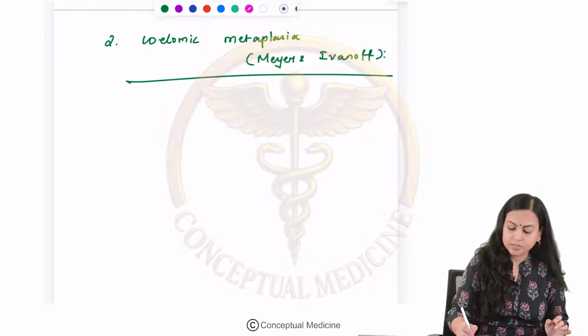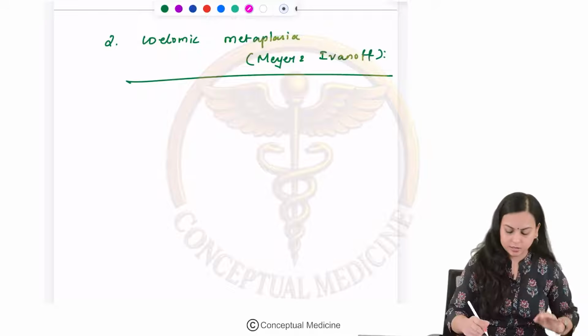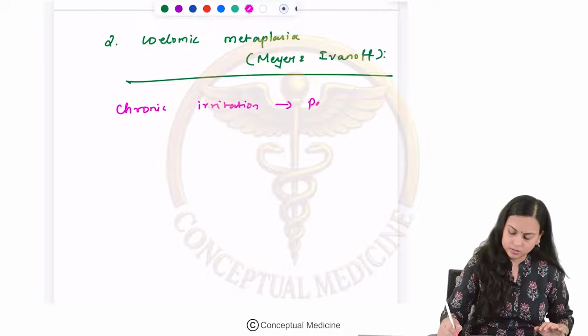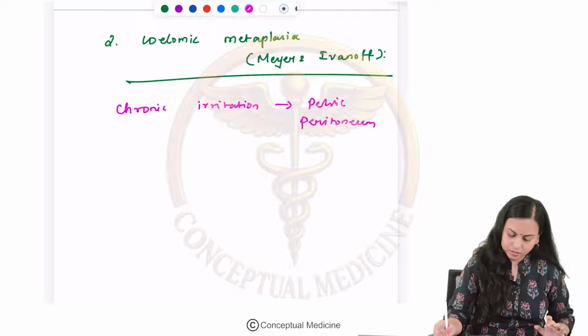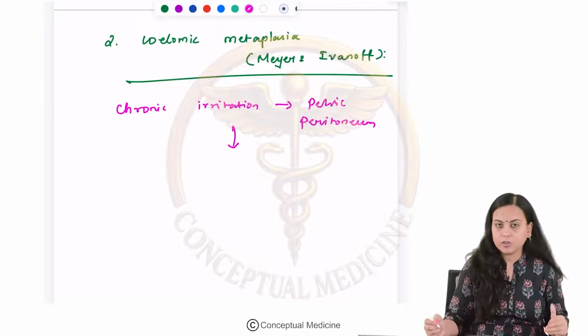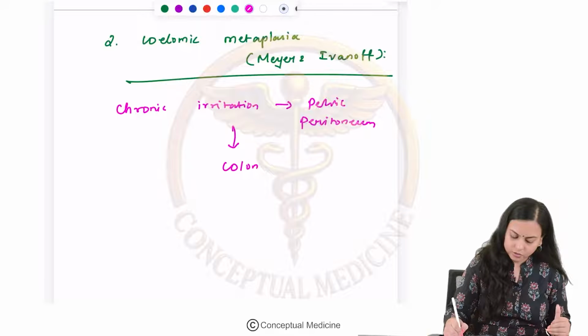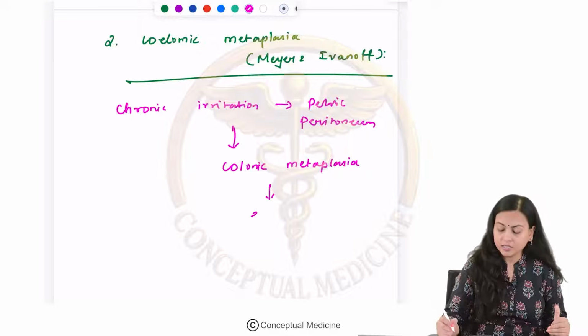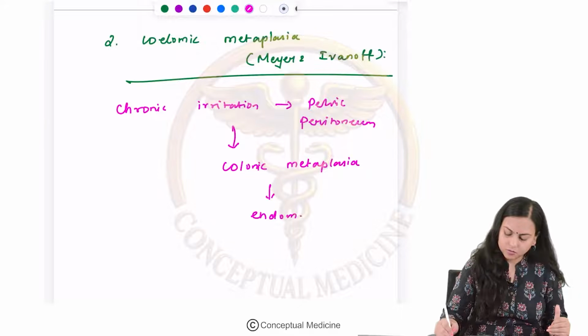So, according to this theory, there is chronic irritation of the pelvic peritoneum that is caused by the menstrual blood, and this will be causing coelomic metaplasia, which will be resulting in endometriosis.